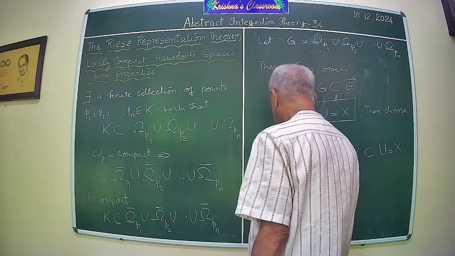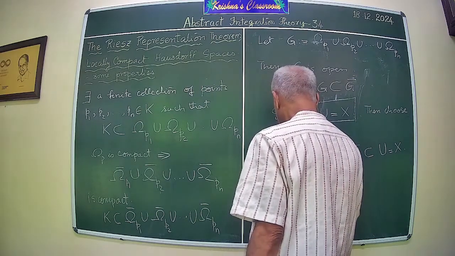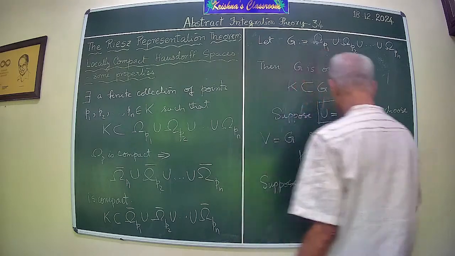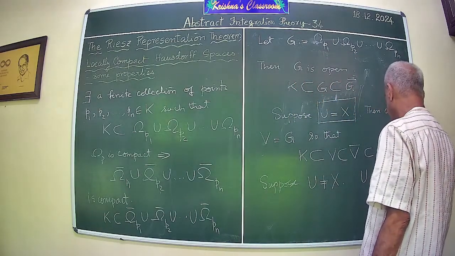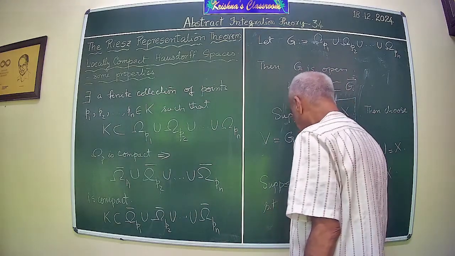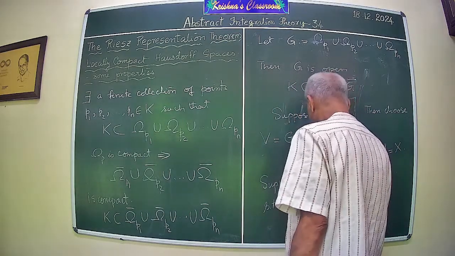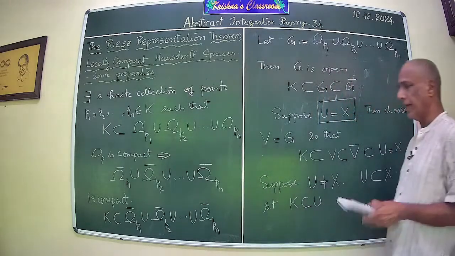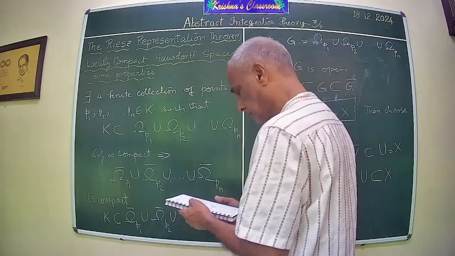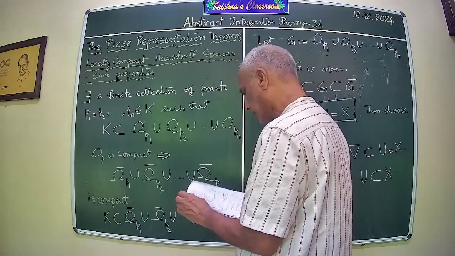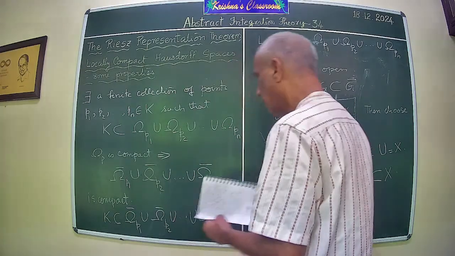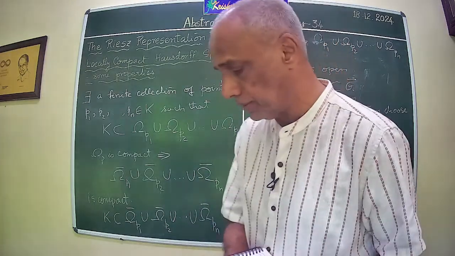Now suppose that U is an open set contained in X with the property that K is contained in U. Okay. Now the construction is a bit more complicated. What one does is the following.